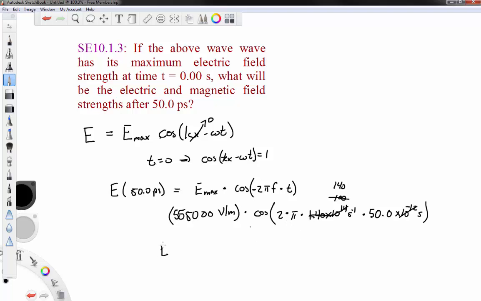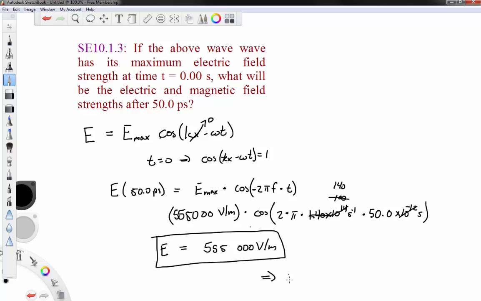So that means that the E field is going to be back to its maximum value after these 50 picoseconds, 555,000 volts per meter. And that also means, by implication, that B will be equal to its maximum, which is what we found in part A, that 0.00185 Teslas that we found earlier.